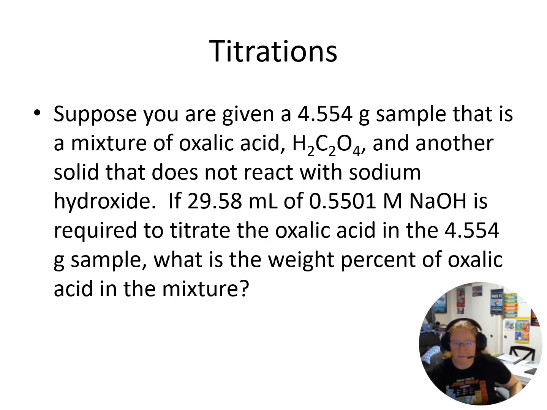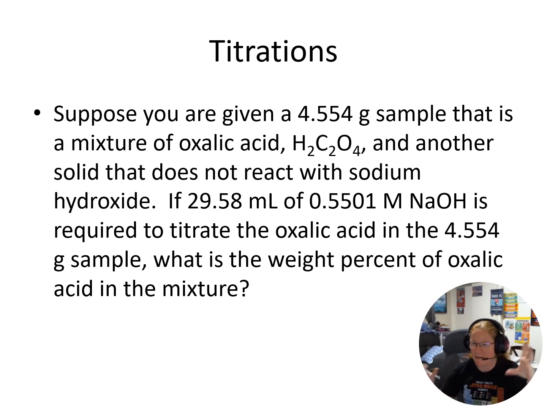All right, here's another one. We've got a sample that's got oxalic acid and something else that doesn't react with sodium hydroxide. We know how much sodium hydroxide is required to titrate the oxalic acid in the sample. Now we want to know what is the weight percent of the oxalic acid. So we're going to need to take our titration information so we know how much sodium hydroxide it took.